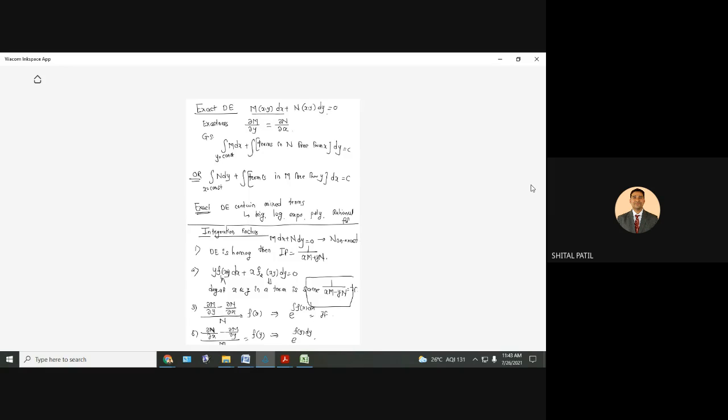Okay. So we have a differential equation like this. Our aim is to find the integrating factor. So the question may be: find the integrating factor for the differential equation.